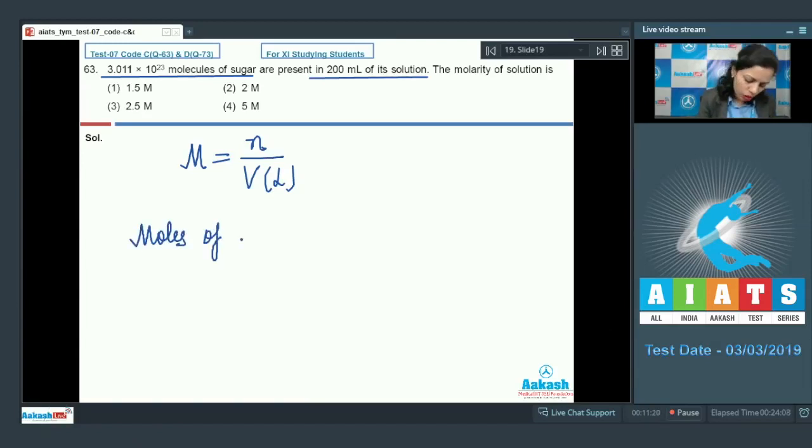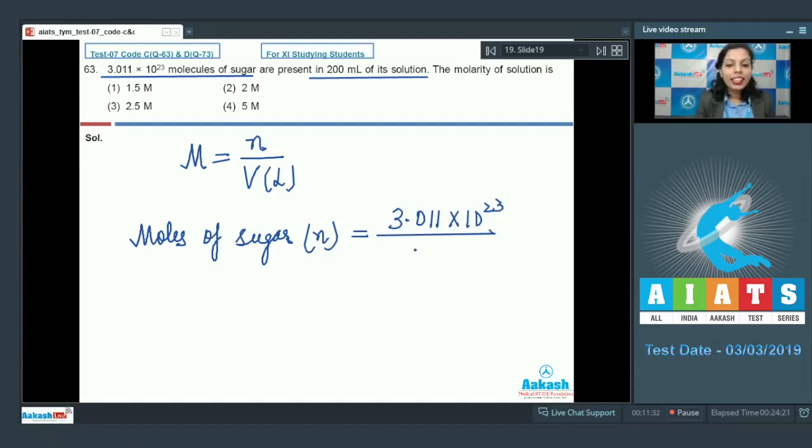So moles of sugar that we are assuming as n are equal to the given molecules divided by Avogadro number, that's 6.022 into 10 raised to the power 23. It is a simple question. Moles we will find here, those are 0.5 moles. Now what would be the molarity?